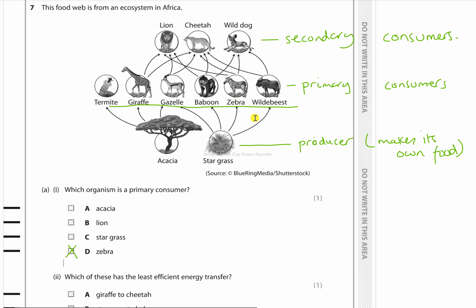I don't know. Which of these has the least energy transfer? Gazelle. Gazelle. Least energy transfer. Right, is that because it's running the fastest?